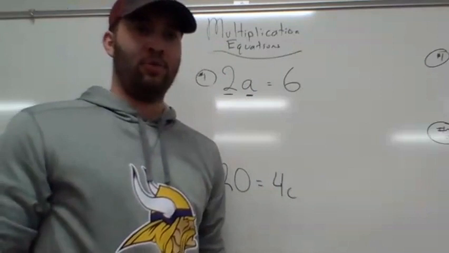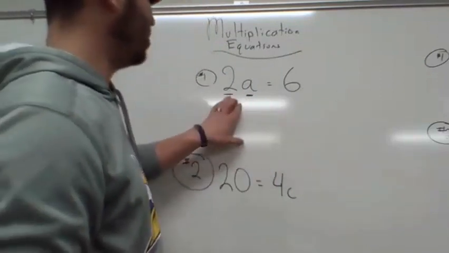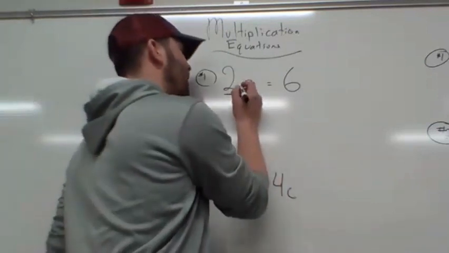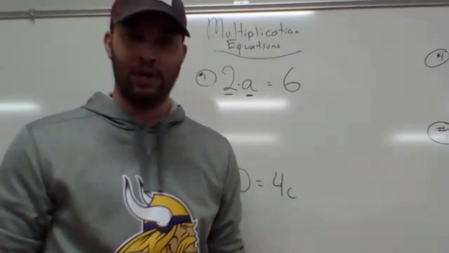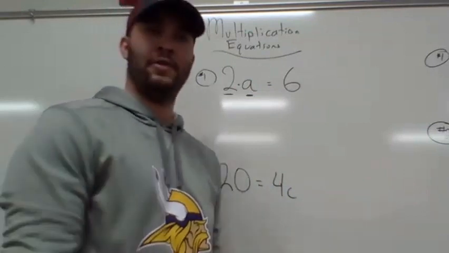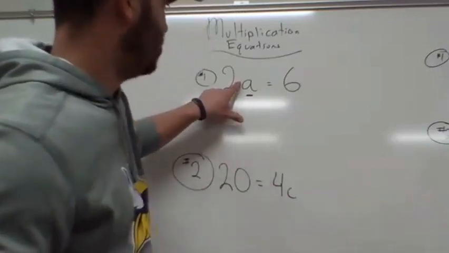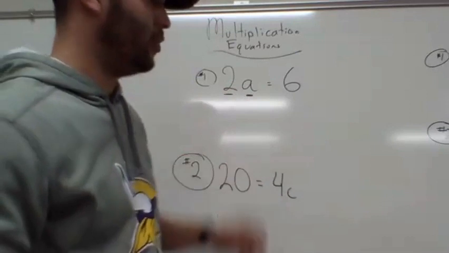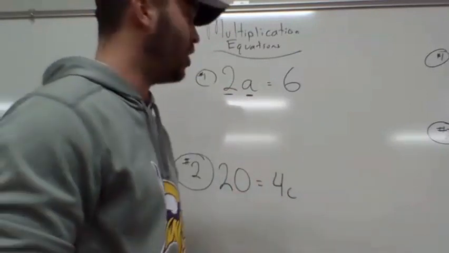There's nothing in between these two, and a lot of times they don't place the dot or put an X for multiplication in there because we don't want you to get confused about whether it's a variable or an operation. So a lot of times they'll just put a constant next to a variable, and they just assume that you know that's a multiplication problem.